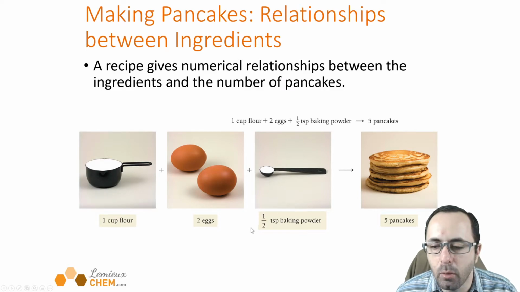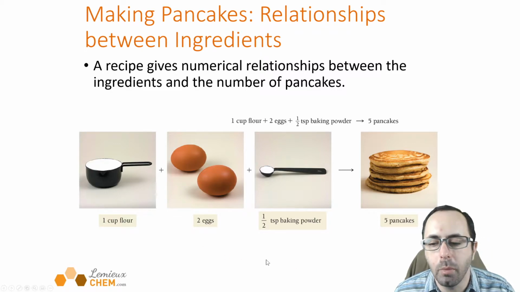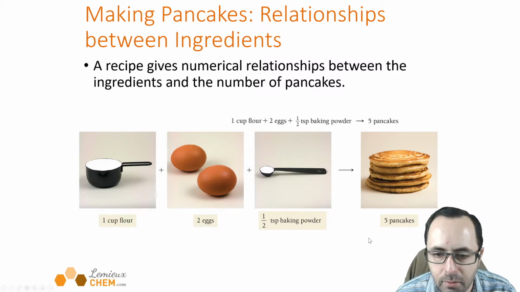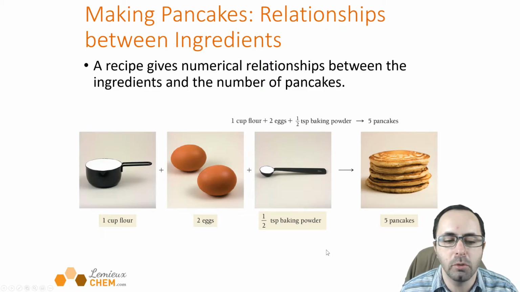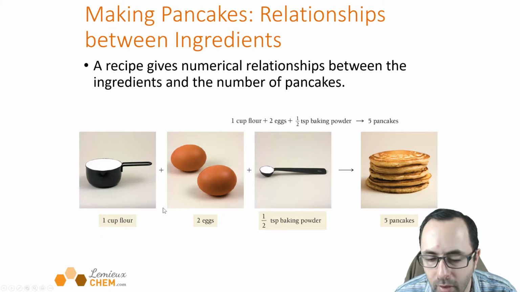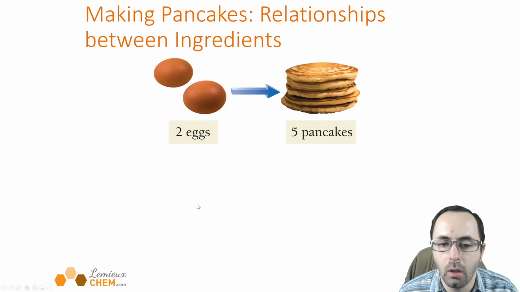So this can give us a relationship. This tells us if we have 2 eggs, assuming we have enough of everything else, we can make 5 pancakes. Or if we have just 1 cup of flour, assuming we have enough eggs and baking powder, we can make 5 pancakes. And we can also scale this up and figure out how many pancakes we can make from 2 cups of flour, for example, or so many eggs.